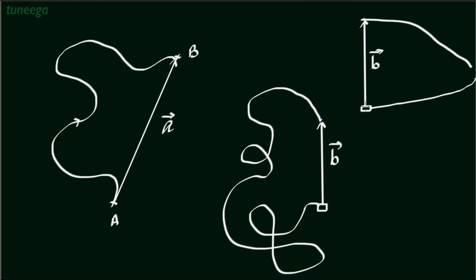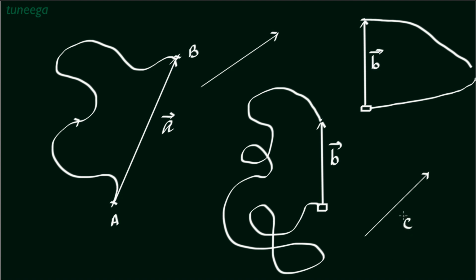So the first lesson we learn is that 2 vectors of the same length pointing in the same direction are equal to each other. Another way of saying it is, if I have a vector here and I slide the vector without changing its direction and without changing its magnitude and bring it here, I have not changed the vector.